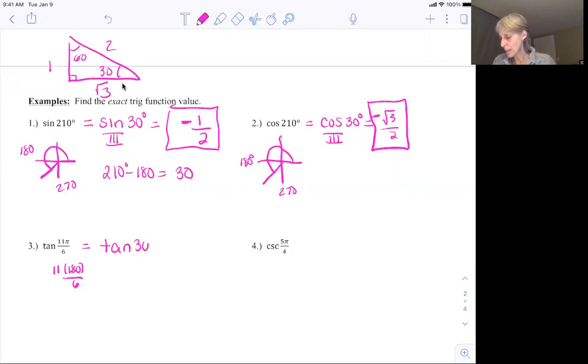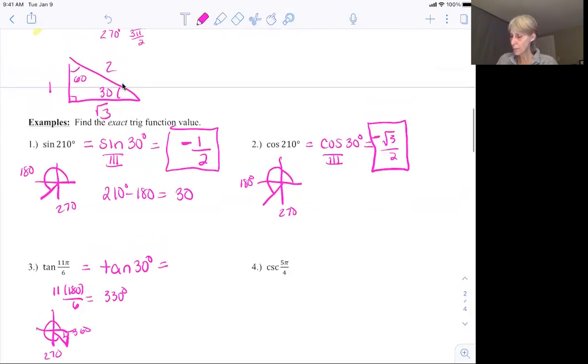So it's the same as setting up a function value for the tangent of 30. Now we have to think about, where does 330 land? Well, 330 is in between 270 and 360. So we're really setting up the trig function value for that angle, right? Remember, these are coterminal. They kind of are the same angle. So we're going to use the tangent of 30.